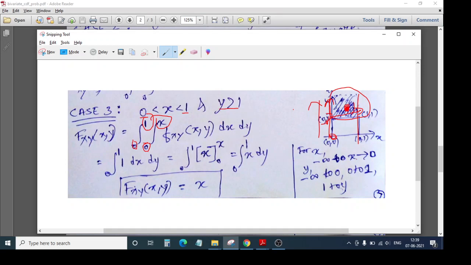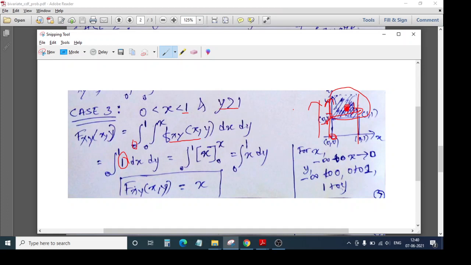If you consider all these possibilities, what will we get at the end? The f of x, y, that is the PDF, is 1 for the range. So it is the integral from 0 to 1 of 1 dx dy. When you integrate it, we get x, since the upper and lower limits are 0 to x. Therefore the answer is x.